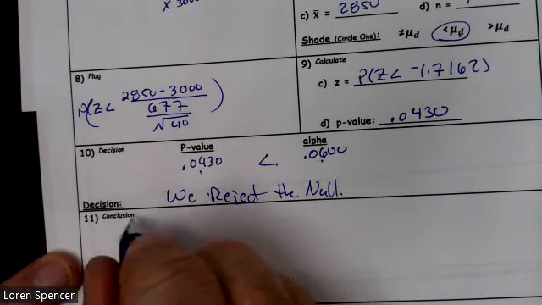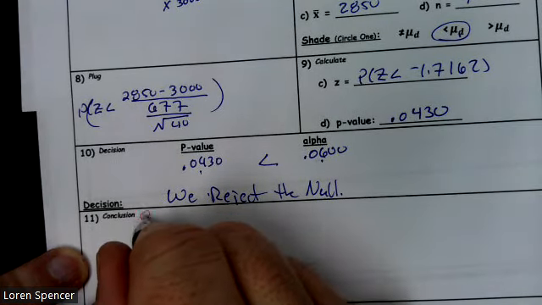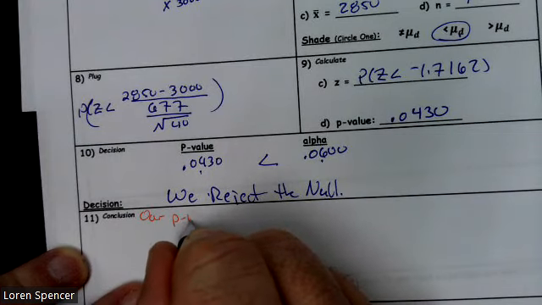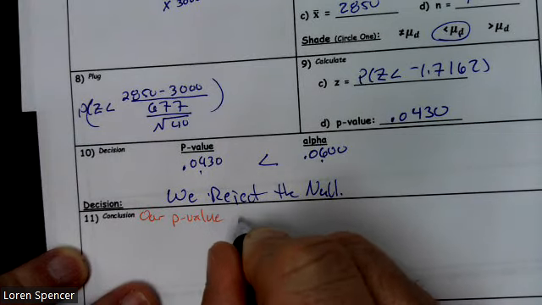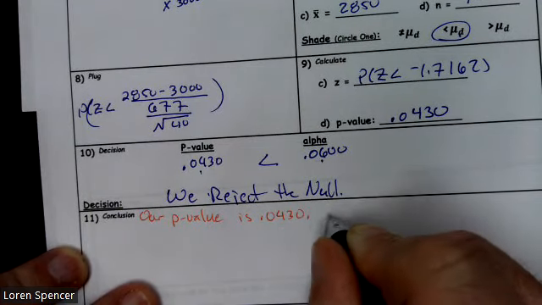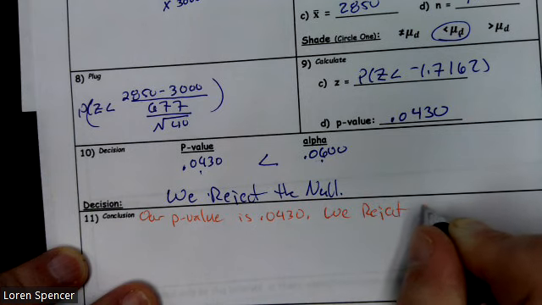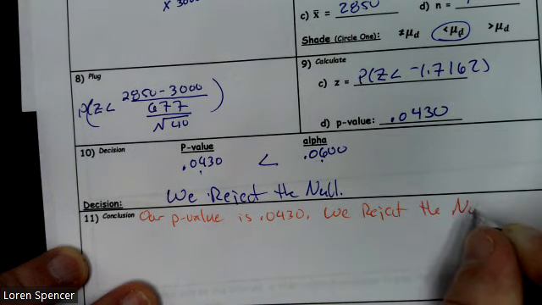So our conclusion. Remember, we start off by restating our p-value. Our p-value is 0.0430. What was our decision? We reject the null.